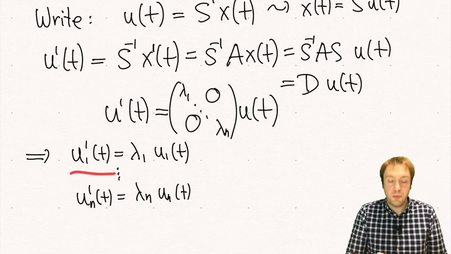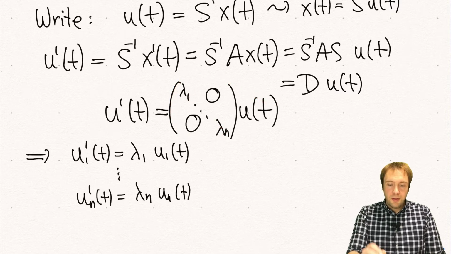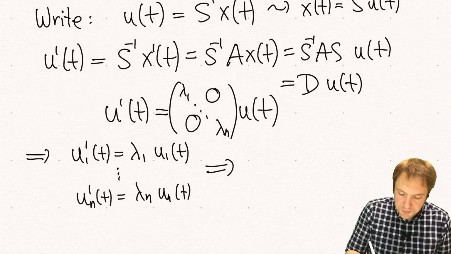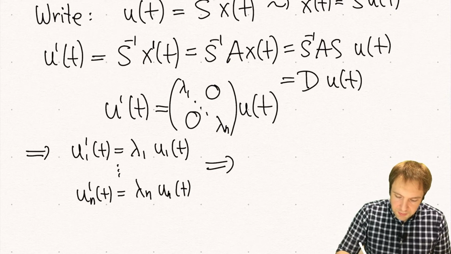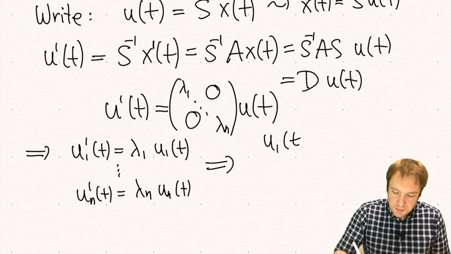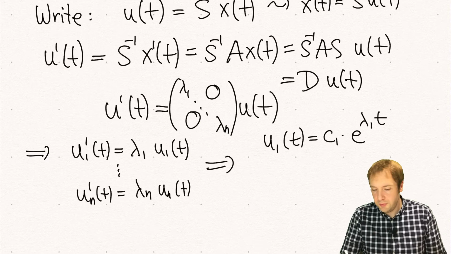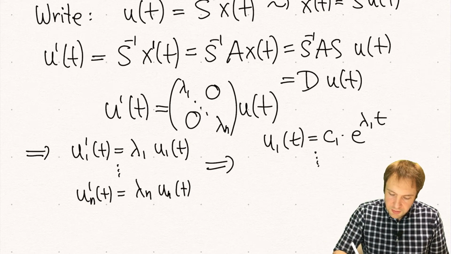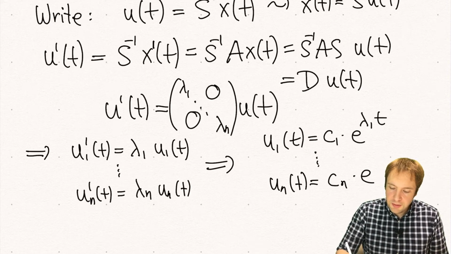And also u2 prime is just lambda 2 times u2(t), and so on, because here we have this nice diagonal matrix. This we can solve, because now the equations are independent. So the solution is given by u1(t) is some constant times e to the lambda 1 t, u2 is some constant times e to the lambda 2 t, and so on up to un(t), which is just some constant Cn times e to the lambda n t.